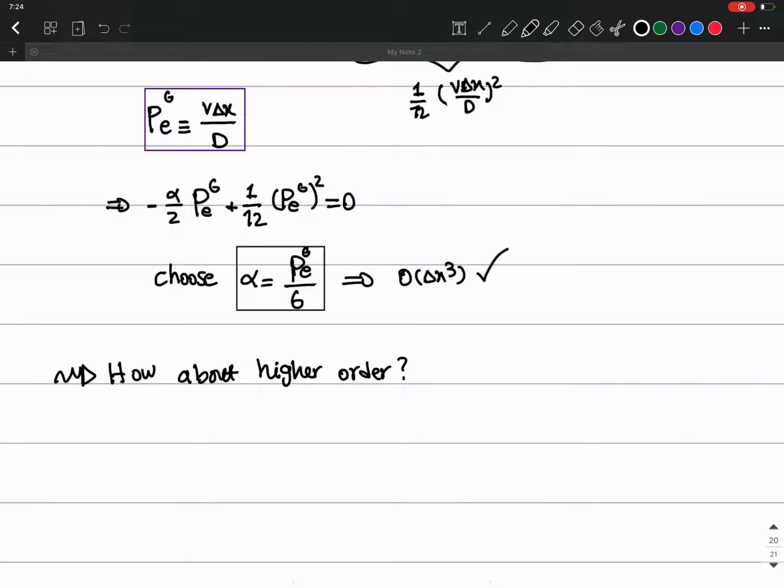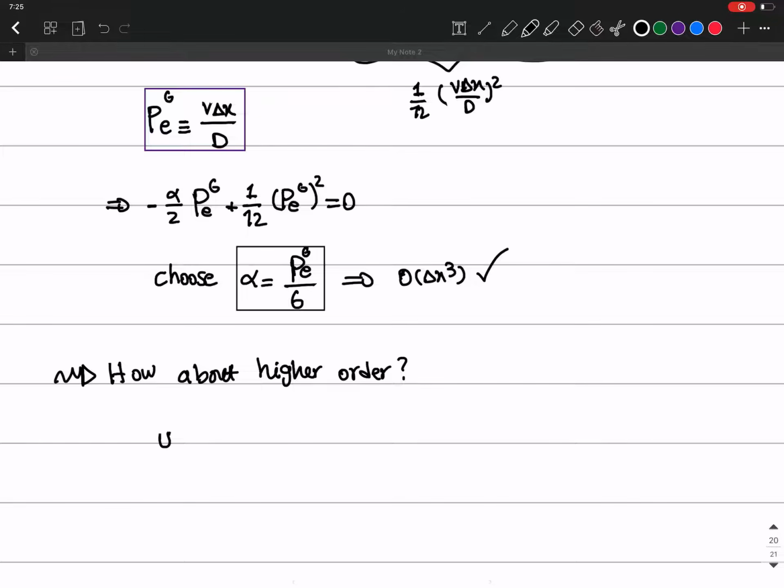Can we go further higher? Can we have delta x4, delta x5, or whatever? Just go higher. Can we choose alpha such that we have higher order approximation, even higher than delta x cube? This is the question that we face.